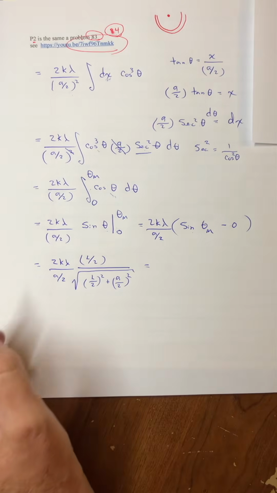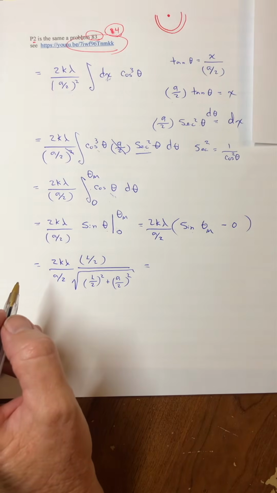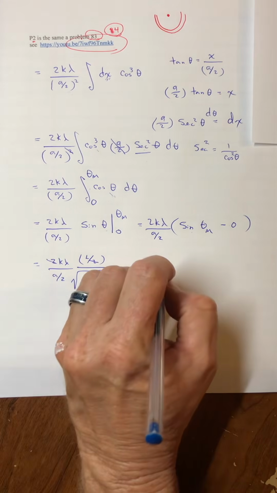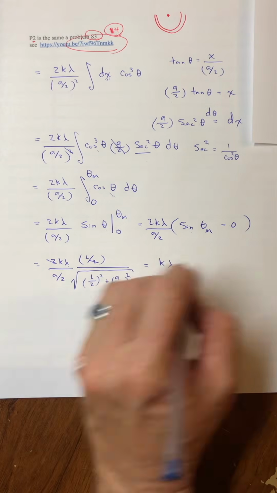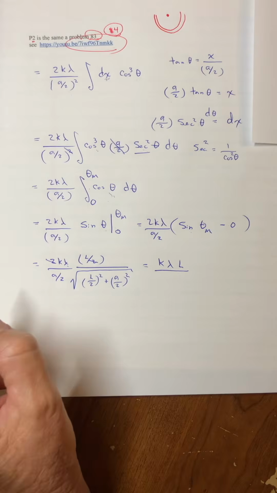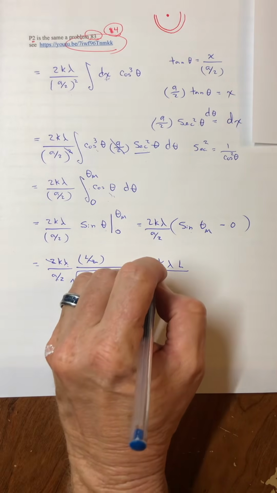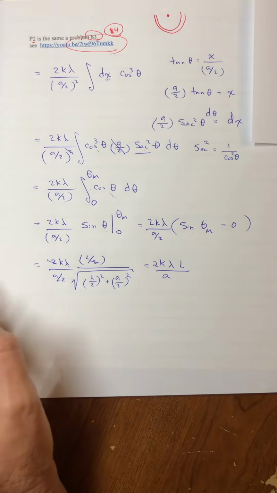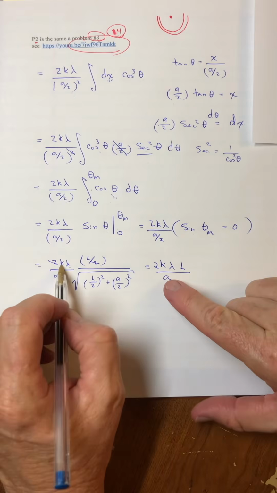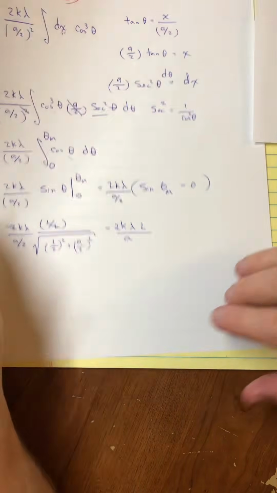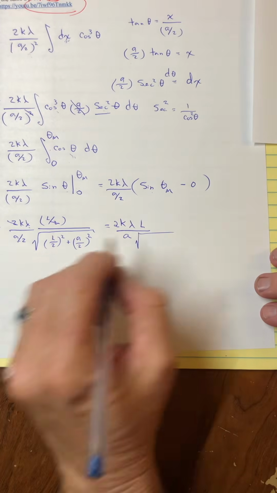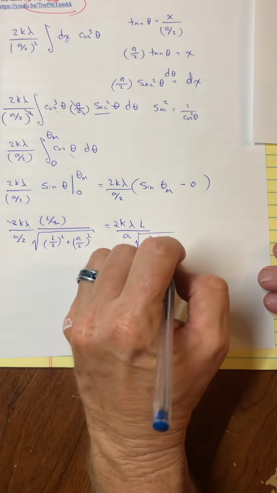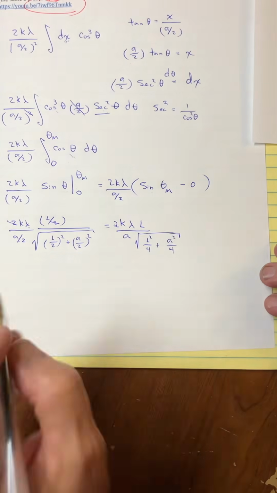And let's see what I've got going on so far. I guess I could cancel off these two, and I'd have Coulomb constant times the lambda times the L. I guess I could flip that back up, so that's a 2 and an A. Let's see, did I get everything here? And so then this is an L squared over 4 plus an A squared over 4.